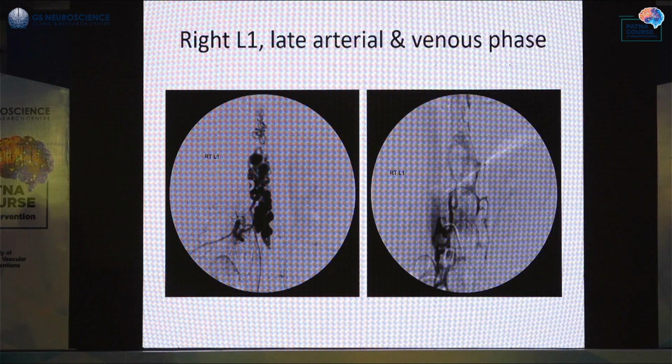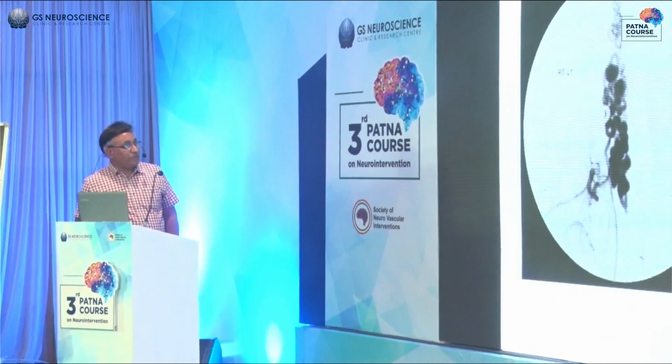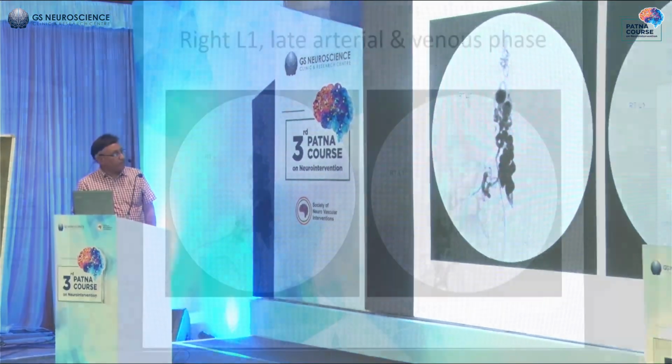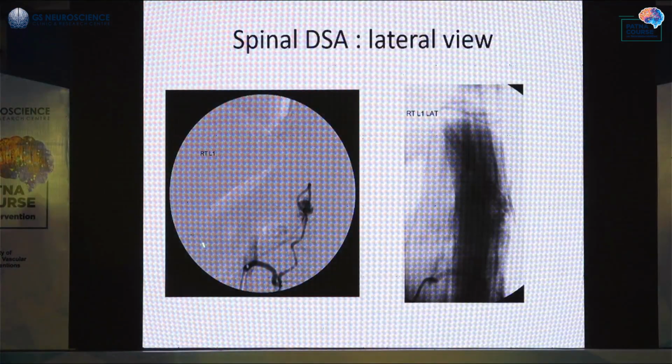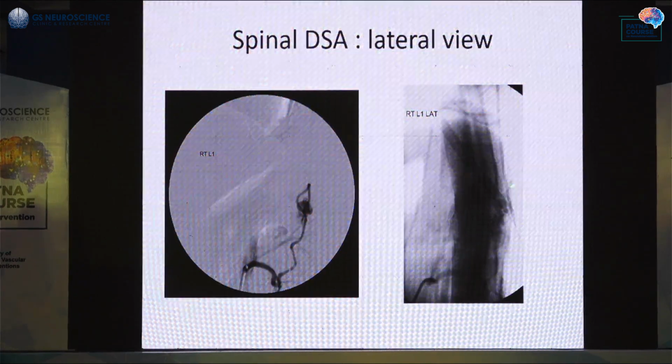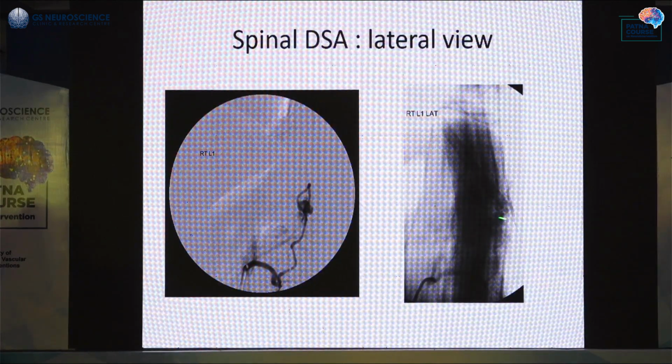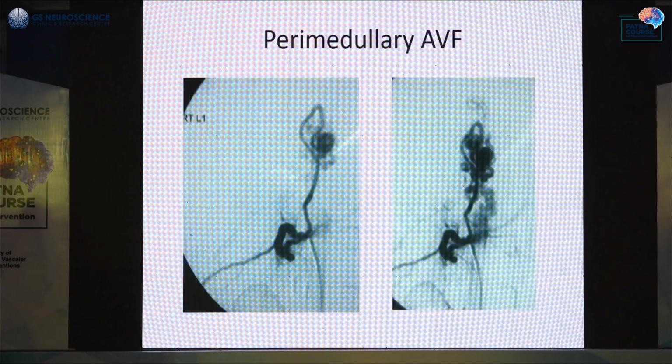This is the late arterial and venous phase, and you can see the veins are markedly dilated, the perimedullary veins and medullary veins, and there is a Batson venous plexus. This is the lateral view, and you can see this fistula is lying posterior to the cord.